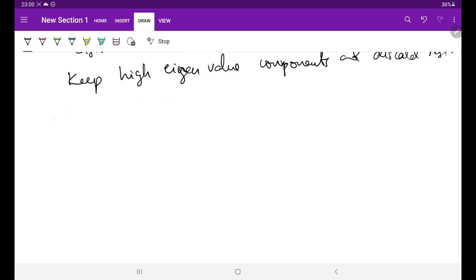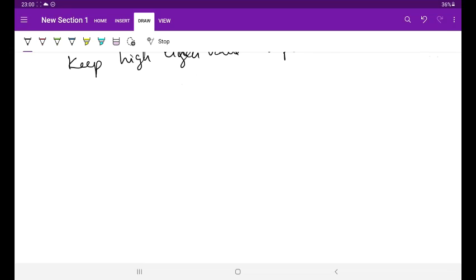And the last step would be recasting the data along the principal components axes. In this step, the aim is to use the feature vector formed using the eigenvectors of the covariance matrix to reorient the data from the original axes to the ones represented by the principal components. So that's why it's called principal component analysis, and this can be done by multiplying the transpose of the original dataset by the transpose of the feature vector.